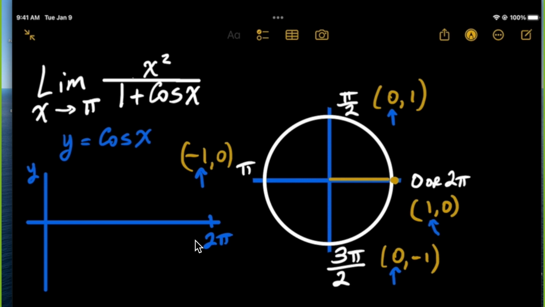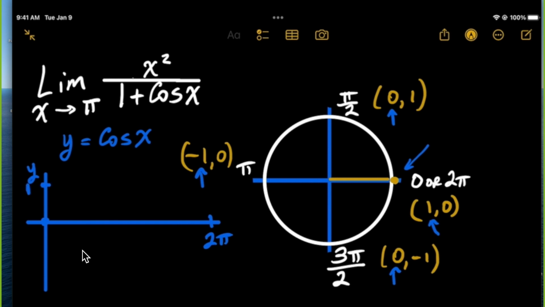The output is going to be these values here, and we're going to graph that on the y-axis. Okay, so when x is 0 degrees, that puts us right there. What is our cosine value? It's 1, because that's the distance 1. So the x value is literally going to be graphed on this y-axis.